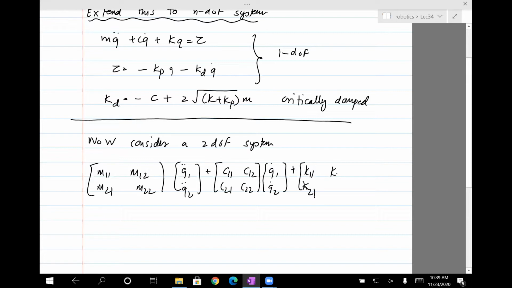K21, K12, K22, q1, q2 equals tau1, tau2. Okay, so there are many more things here than we had previously.